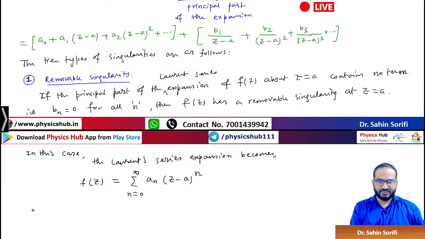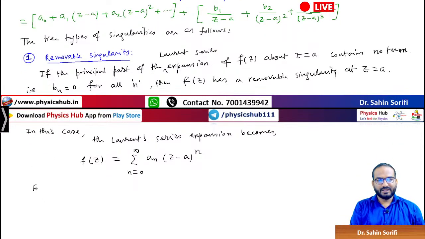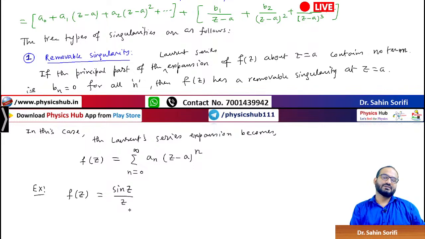Let's give an example, then you will understand it better. For example, if you have a function f of z equals sin z by z, as you can see, it has a singular point at z equals 0. But if you multiply with z, this singular point vanishes.